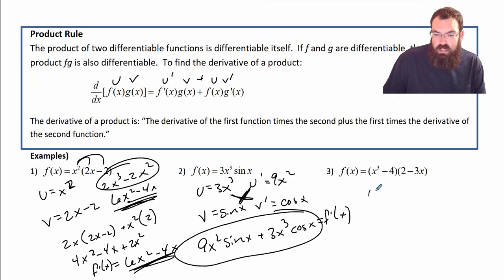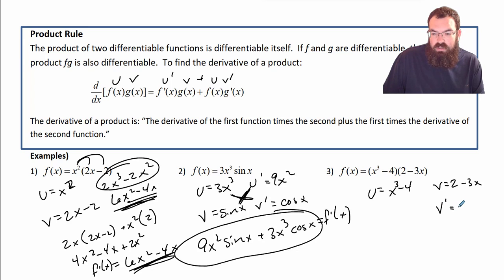This one, I'm going to say u is equal to x to the 3rd minus 4, v is equal to 2 minus 3x, v prime is equal to just negative 3, and then u prime is equal to 3x squared. So then, remember, it's u prime v, and then that. So I'm going to distribute that right away.